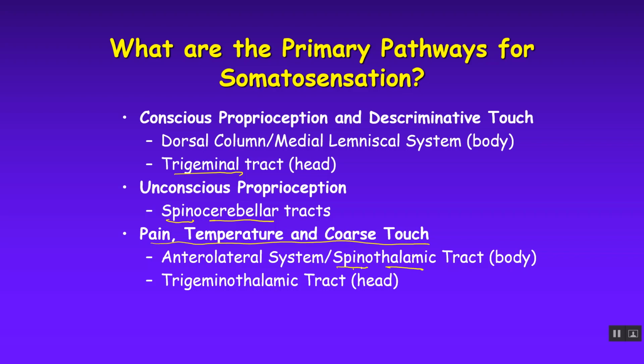Spinothalamic starts in the spinal cord. It's going to eventually go to the thalamus, and if you go to the thalamus, you're going to go to the cortex because you got to talk to the thalamus to go to the cortex. Okay, so spinothalamic, trigeminothalamic. So that's going from the trigeminal nerve to the thalamus, and if you go to the thalamus, you're going to eventually go to the cortex. Okay. So that's the face. Pain, temperature, coarse touch from the face.